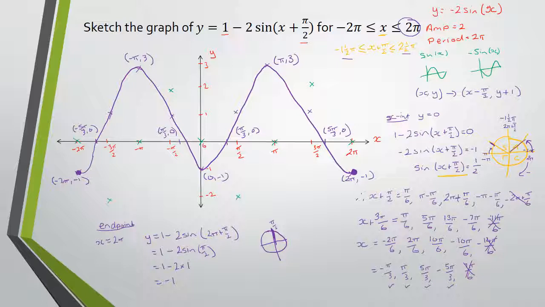Now just note that when we're sketching this graph, sometimes the x-intercepts might not be so nice, but if that was the case in the tech-free situation, if they weren't involving your exact angle values, you would not be asked to find them, you would not be required to label them, and if it was in tech active, you could of course use your calculator to find those values. Okay, that's all.